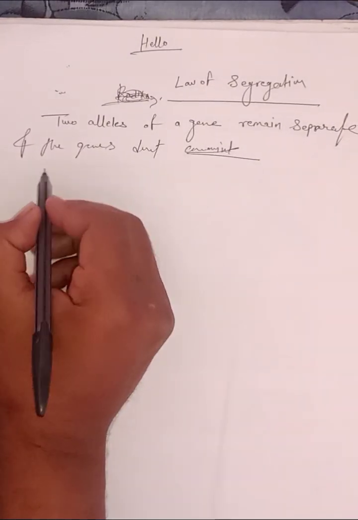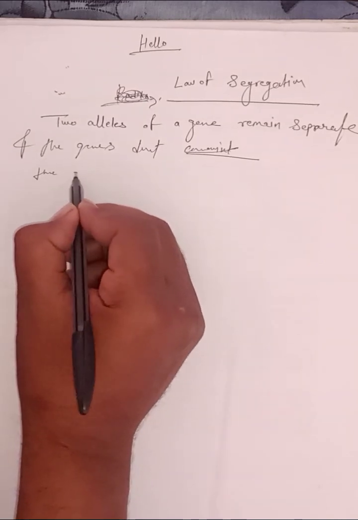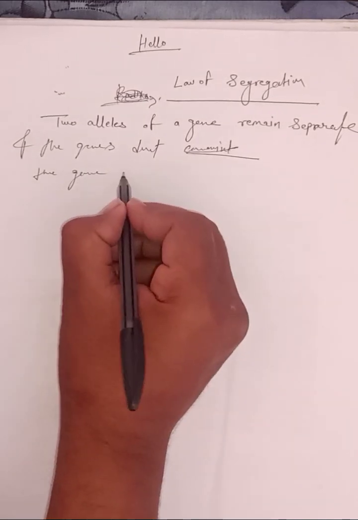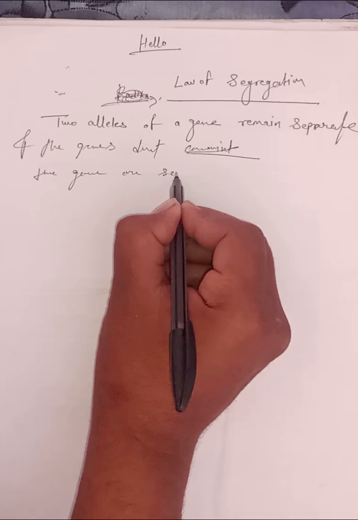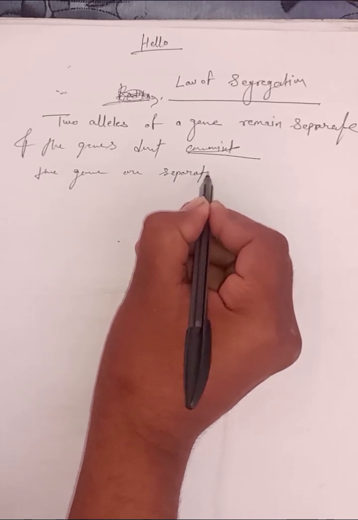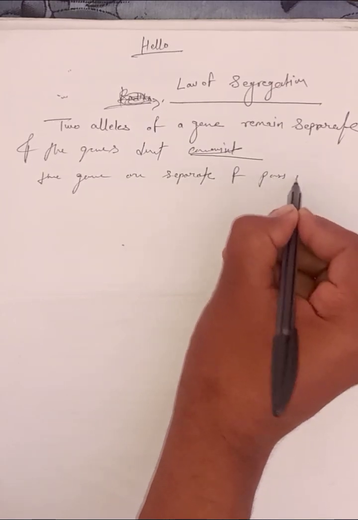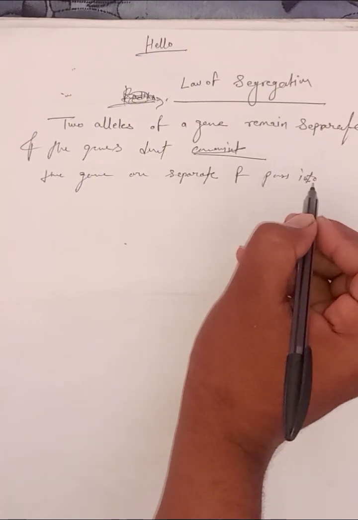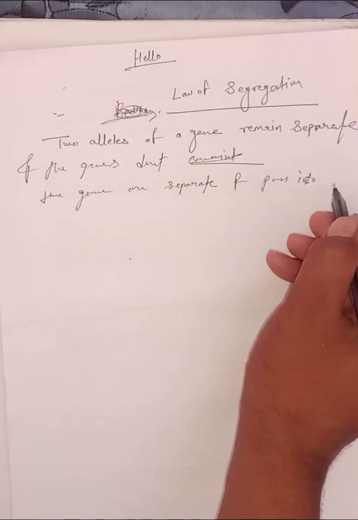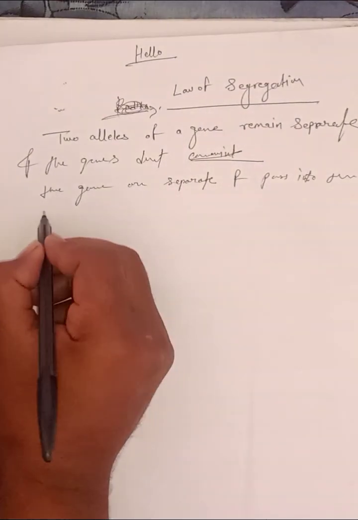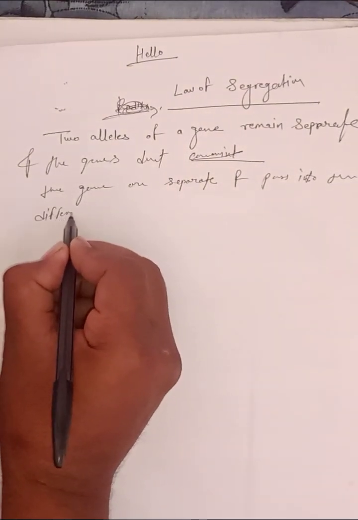The genes in the F1 are separate and they pass into different gametes.